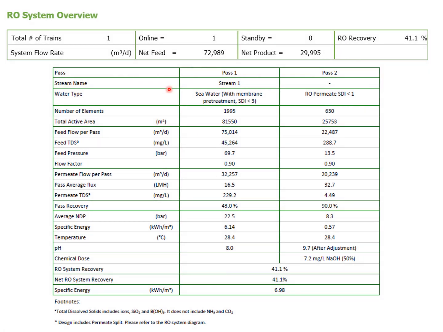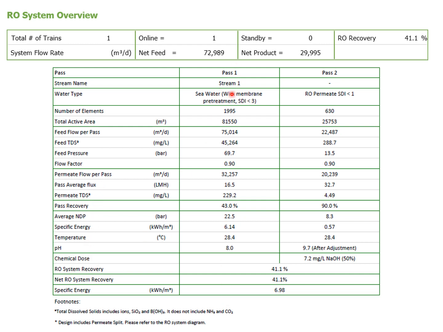And RO system overview. So when you design the different trains, and then net feed and net product, and then this RO recovery, and we have different passes in terms of water type and the feed, TDS, flow factors, and temperature, pH.